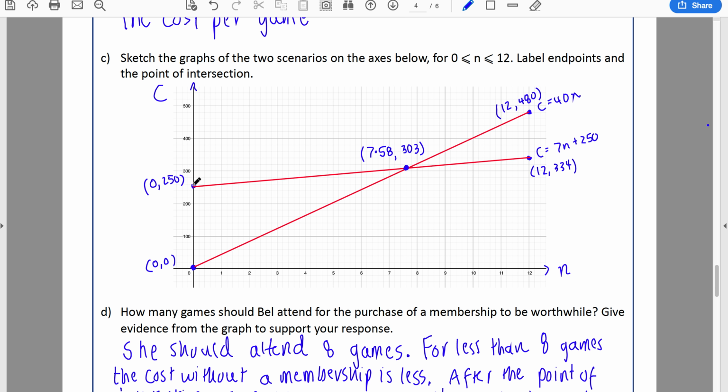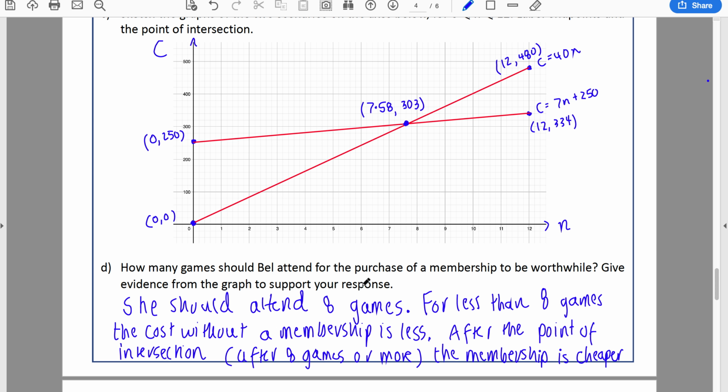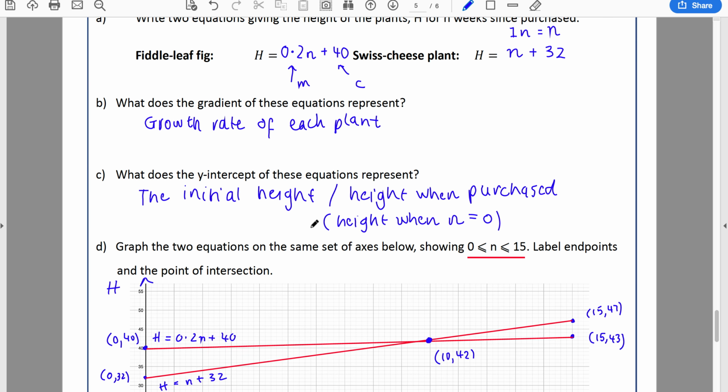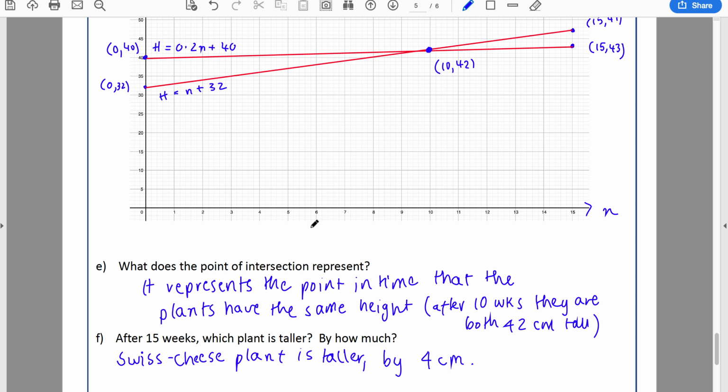We showed the endpoints, the graphs, the label on the graph, and we also showed the point of intersection. We then interpreted the point of intersection. We used it to help answer that question about which option would be better. Whereas here, we used it just to have a look at A, what the point of intersection meant, and then B, which plant was taller.